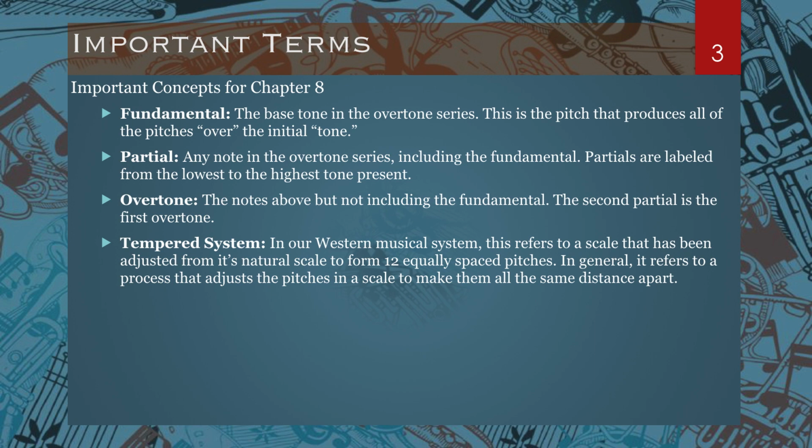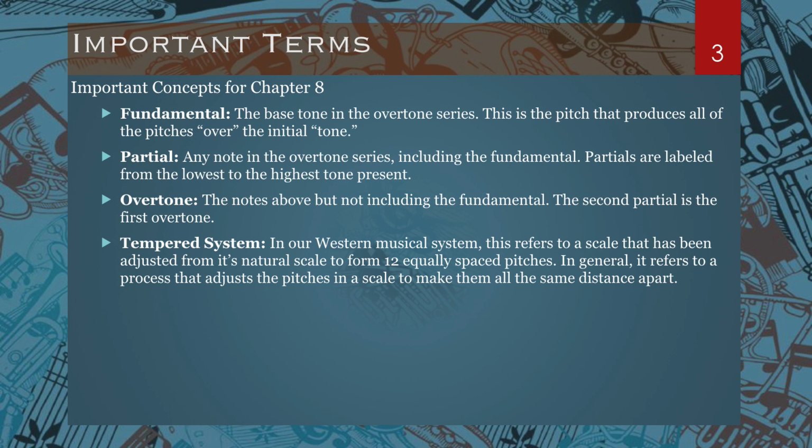So they're tones over the fundamental. To think of this a little more clearly, and this will make more sense when we actually get into an illustrative discussion of the overtone series, the second partial is also the first overtone. So just kind of keep these terms in the back of your head. Know that we're going to talk about the fundamental, partial, and overtone in more detail.